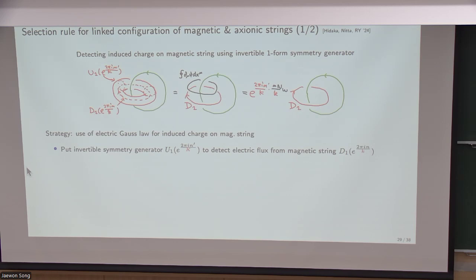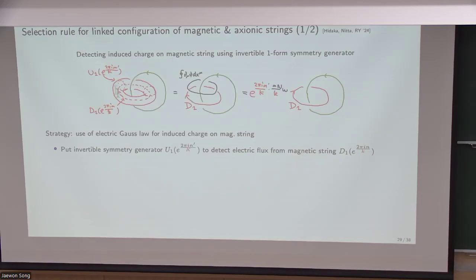So we try to detect the induced charge on the magnetic string using the non-invertible one-form symmetry generator. Our strategy is as follows. We use the electric Gauss law for the induced charge on the magnetic string, the same as in electromagnetism.